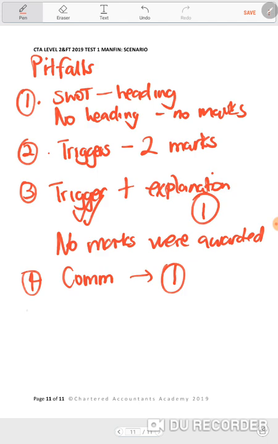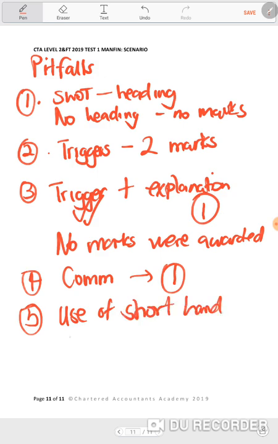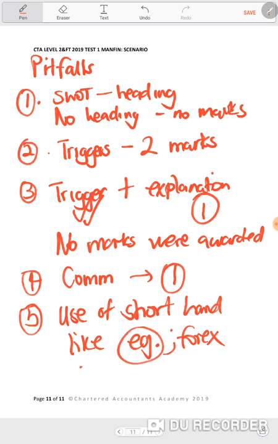So another issue from this exam was use of shorthand, like e.g. Forex. So you are supposed to use the correct terminology. So e.g. a student is supposed to write example. And for Forex, you're supposed to write foreign currency.